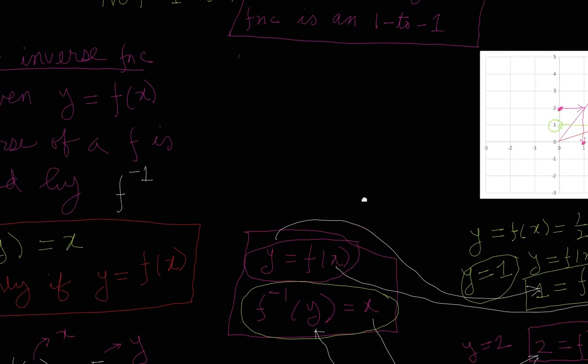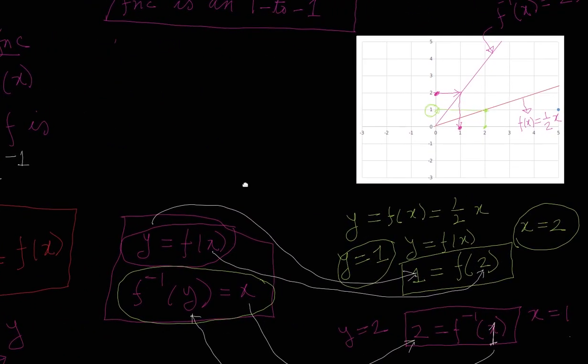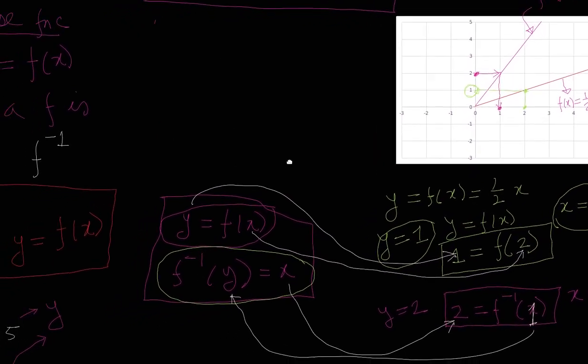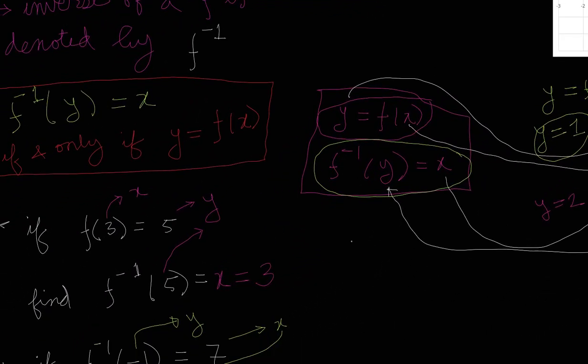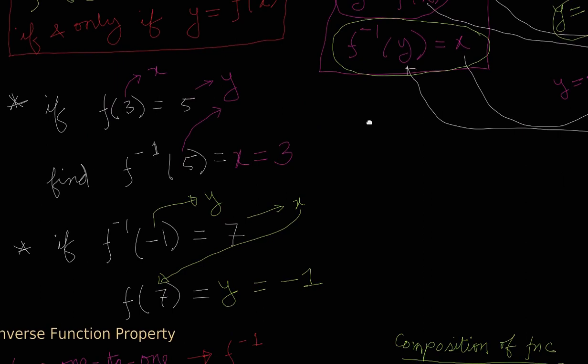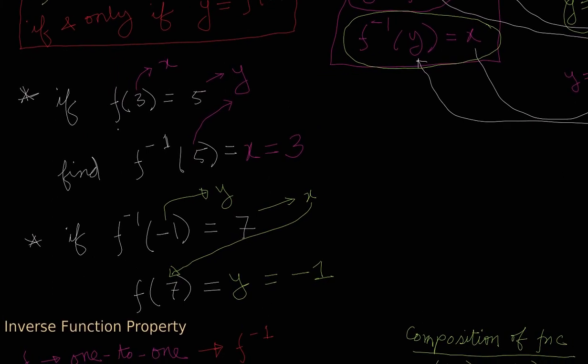And we also saw the graphical representation of this inverse function, and we basically saw if f of 3 equals 5, then f inverse of 5 equals 3.